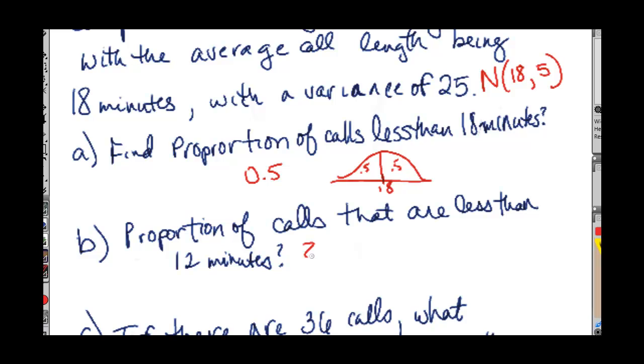So what we have to do is use the Z-score equals x minus mu over sigma.